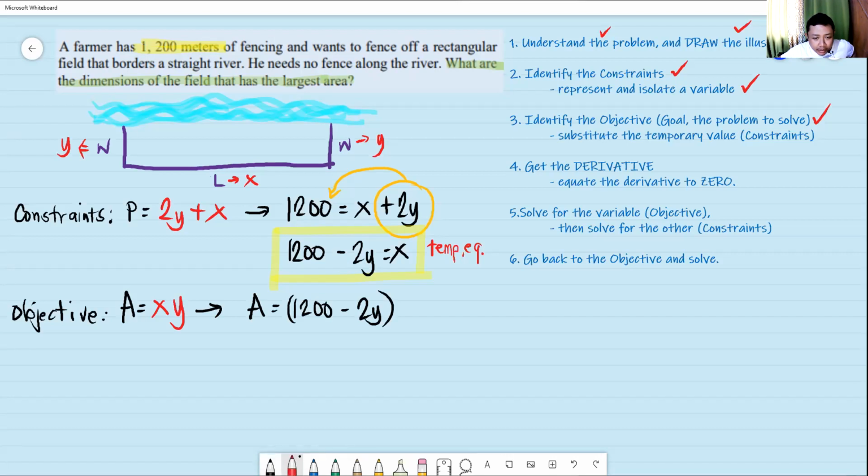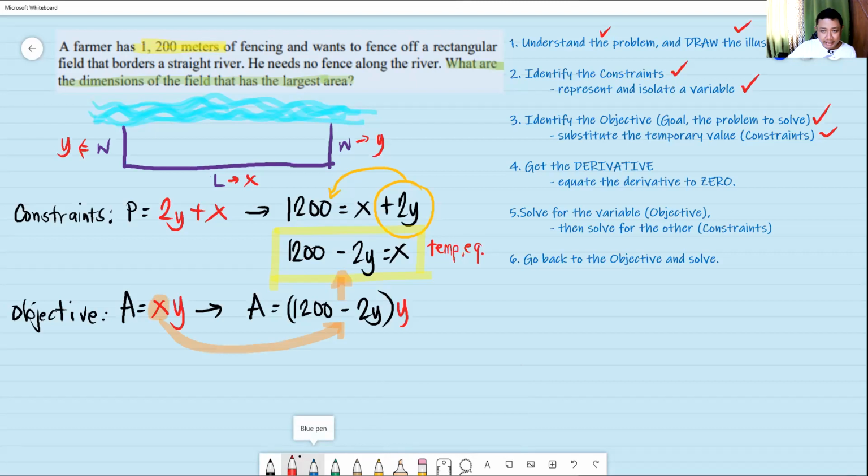This is so you can see that only the x was replaced, taken from there. Can you follow? Show me a reaction if step number 3 is clear to you. It's always repetitive in optimization problems.